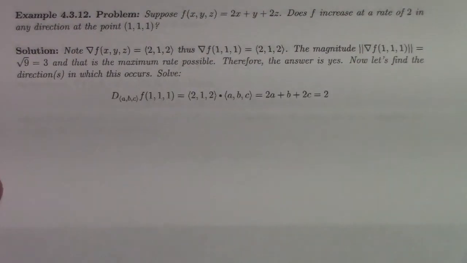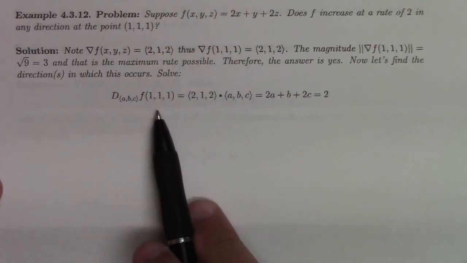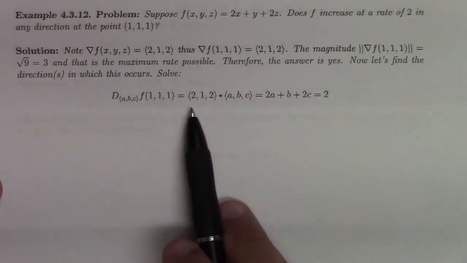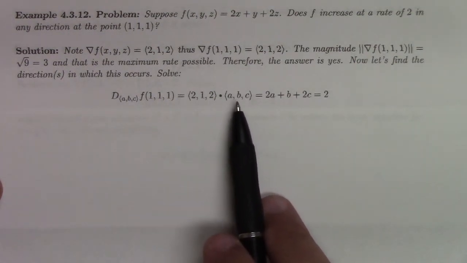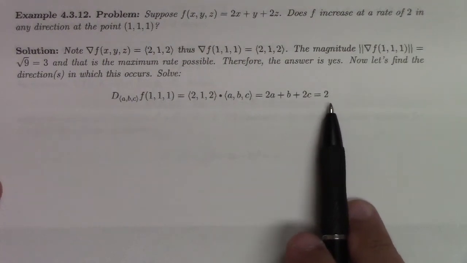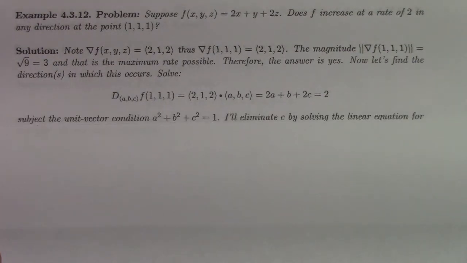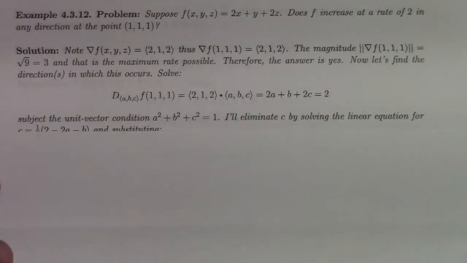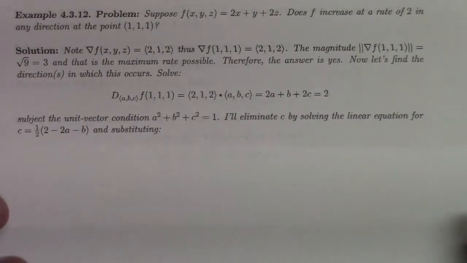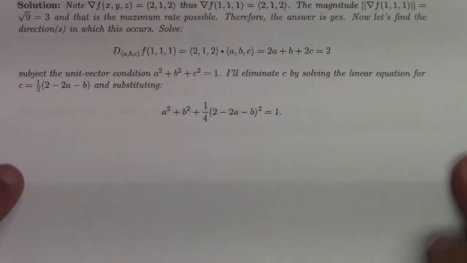Well, we need to solve that the directional derivative at 1, 1, 1 in the a, b, c direction, (2, 1, 2) dot (a, b, c), is 2a plus b plus 2c equals 2. Okay, but this is for a unit vector, right? The unit vector condition is a squared plus b squared plus c squared equal to 1. So, okay, great. We can eliminate c. We can solve this equation for c and substitute in.